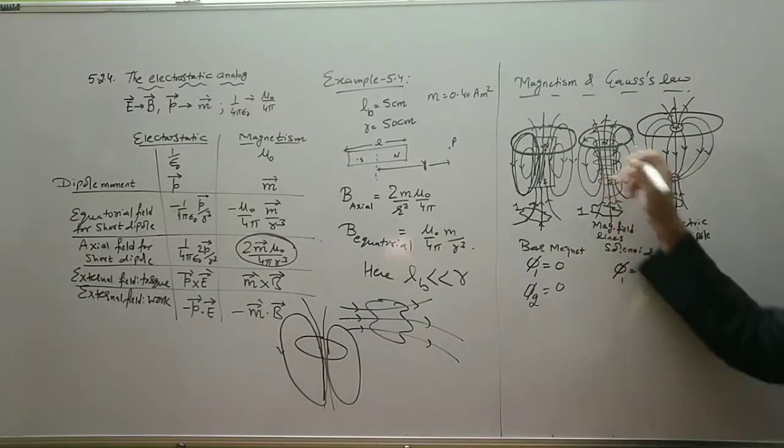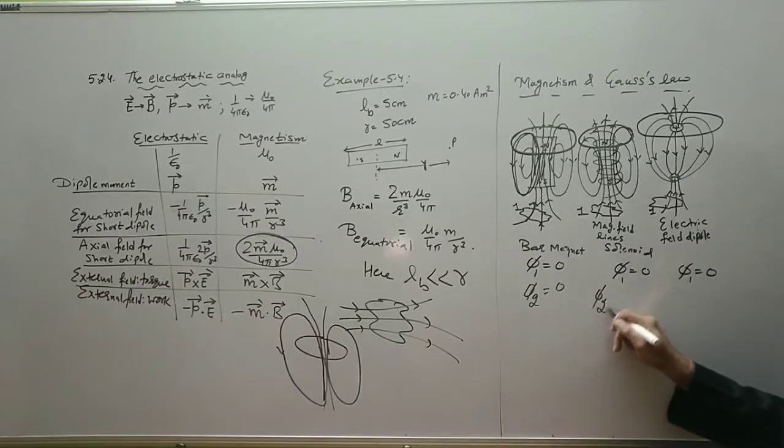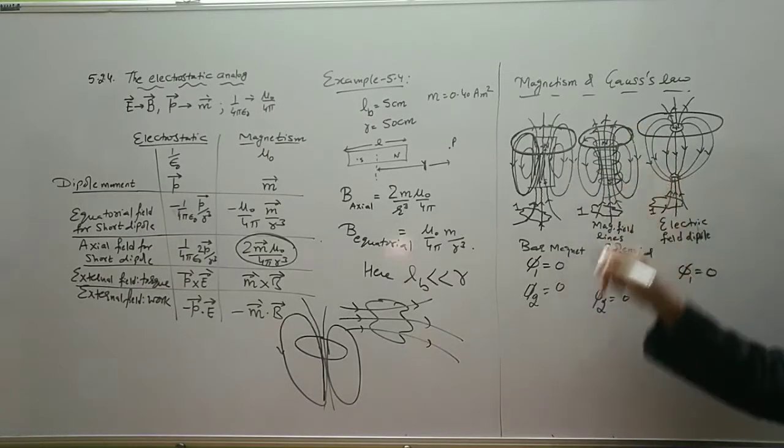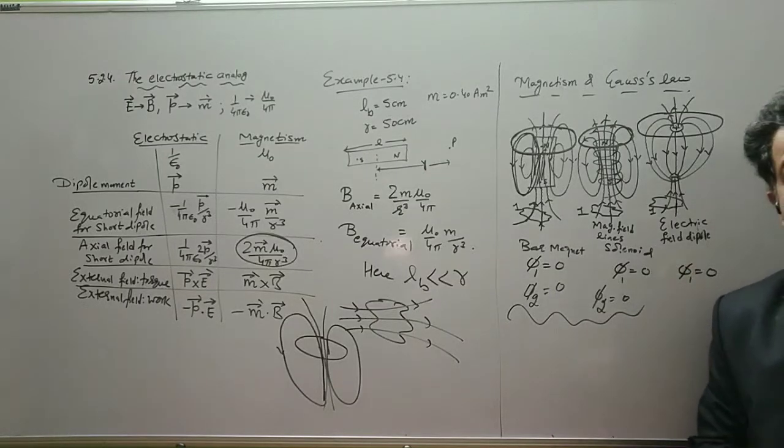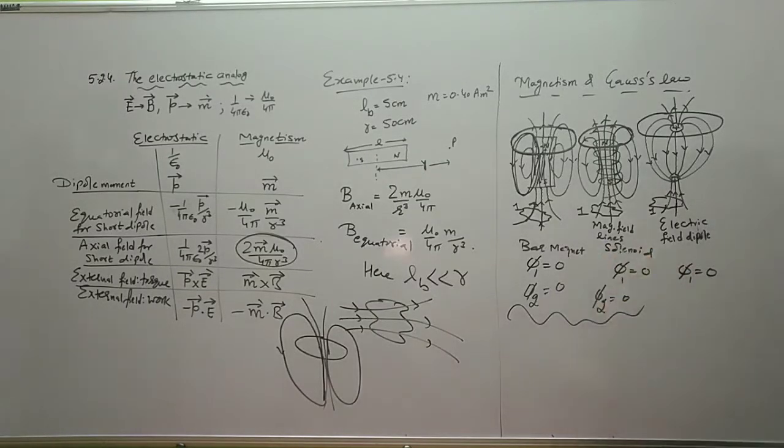0. For a solenoid also it is 0, because the magnetic field lines form a closed loop that we have discussed in the starting. Now see the electric dipole.